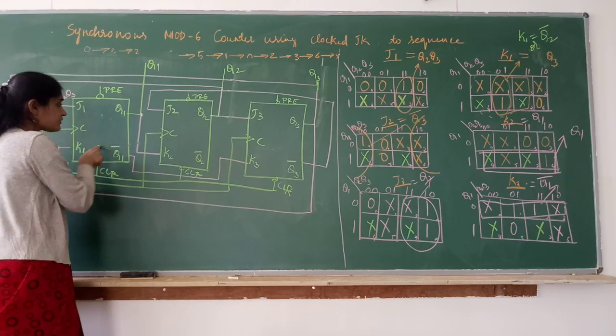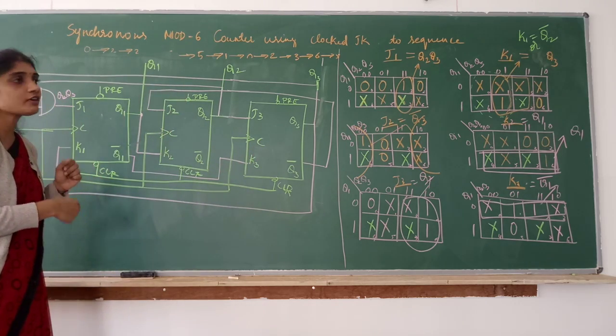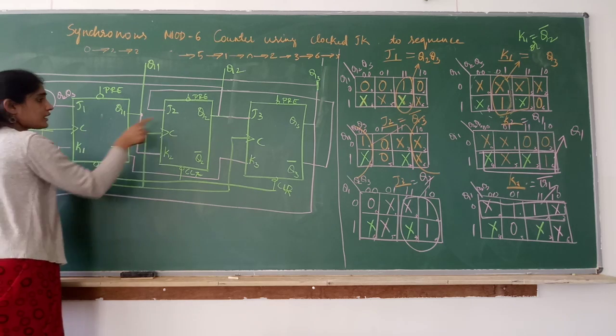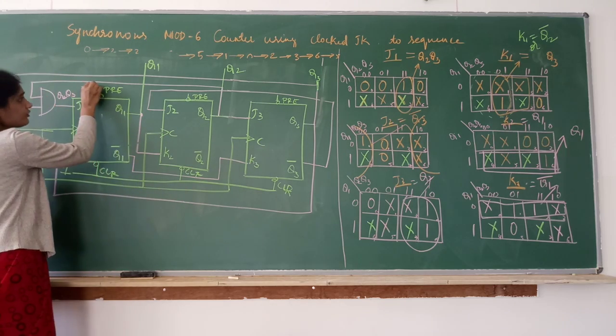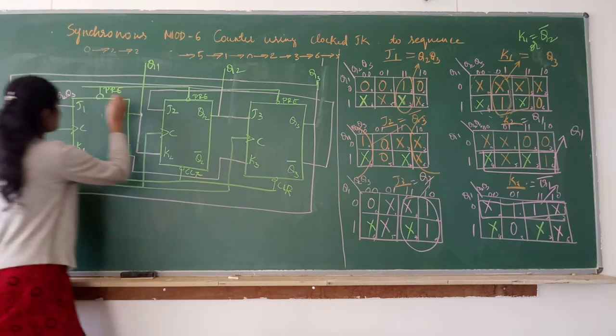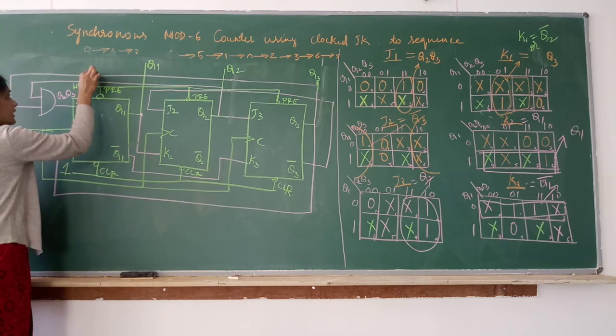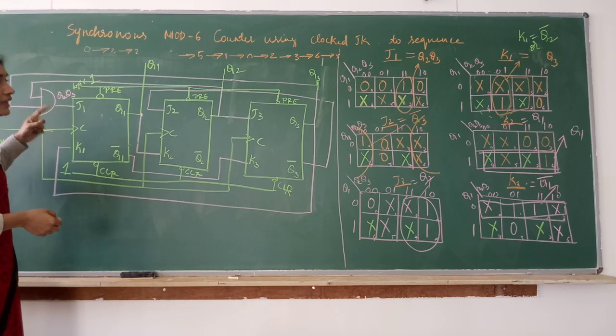Set means it makes the flip-flop content 1, 1, 1. It will not work as a counter or as a JK flip-flop; it just stores 1, 1, 1. If we don't want that, we have to disable the preset pins. Disable means give preset also logic 1. That is how you disable the preset and clear inputs of any flip-flop.